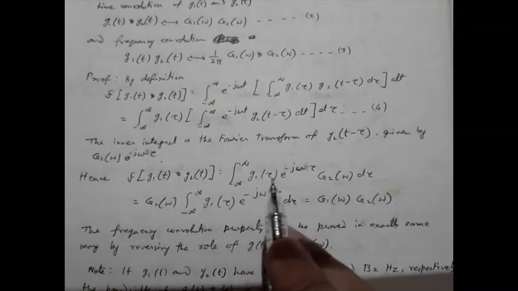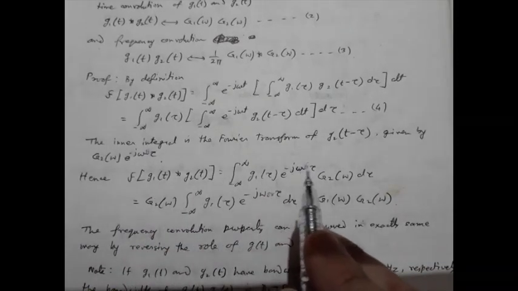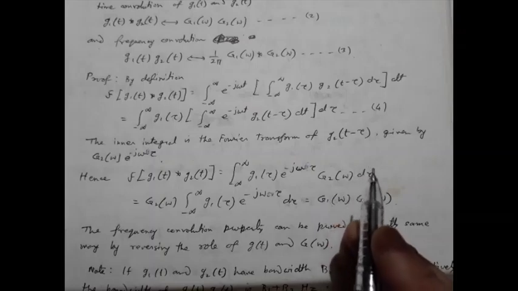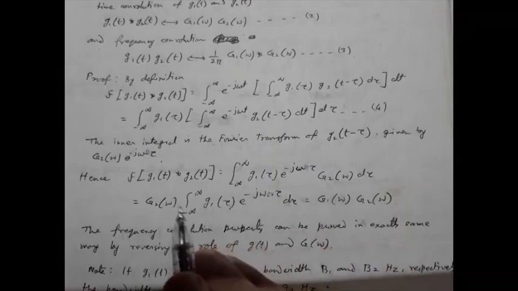So we can write g1 tau e to the power minus j omega tau G2 omega d tau. Here d tau is the variable, so omega is constant with respect to this integral, so we can take it outside.